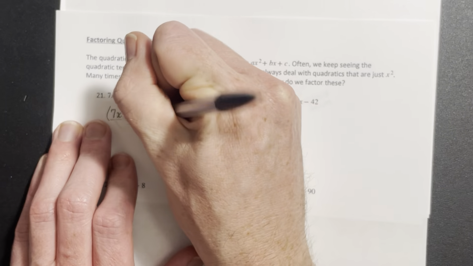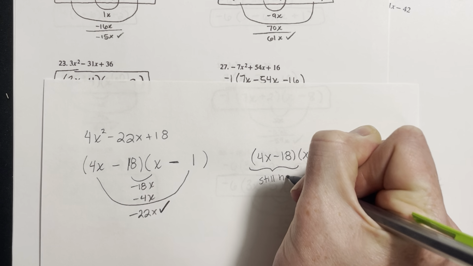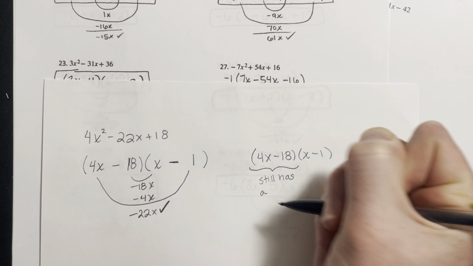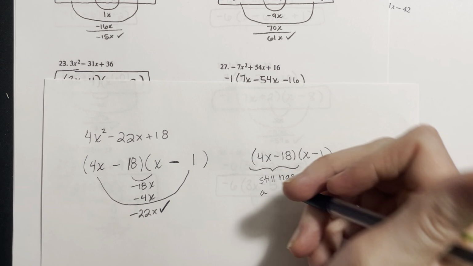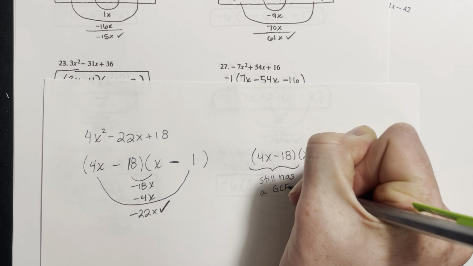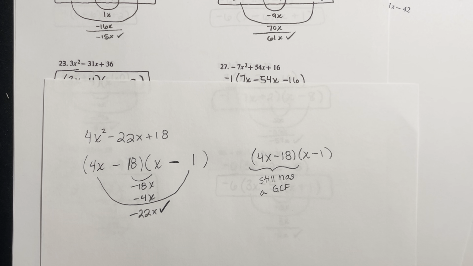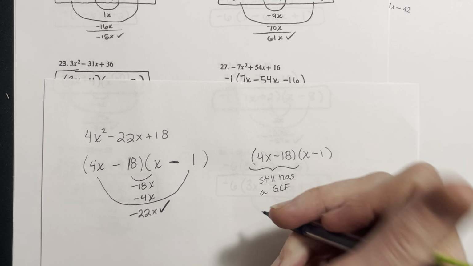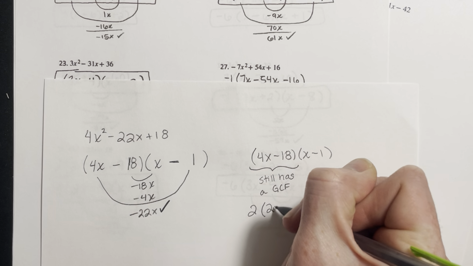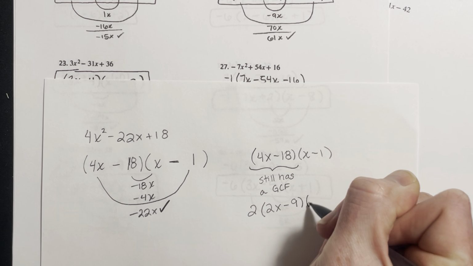If I look at that factorization, 4x minus 18, x minus 1, this still has a GCF. 4x minus 18 can factor again. So if it can continue to factor, we want to factor all the way. 4x minus 18 is 2 times 2x minus 9.